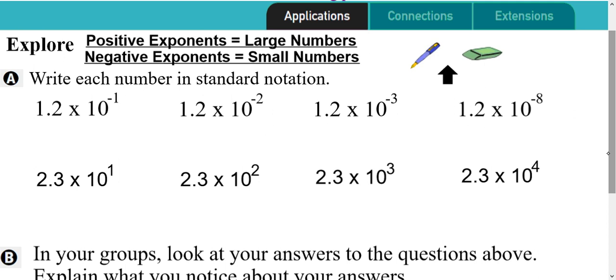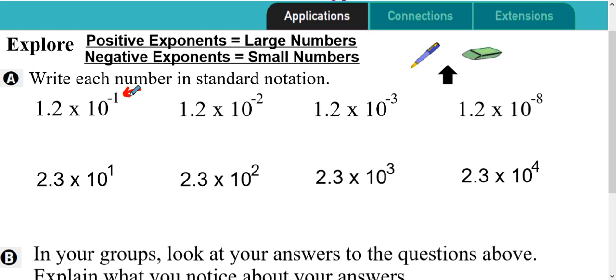So you really could put this into your calculator and it will give you the answer. But sometimes it gets too large and then the calculator won't give you that answer. But just by hand, it's really easy. This is a negative exponent. Negative exponents mean that it's a small number, right?